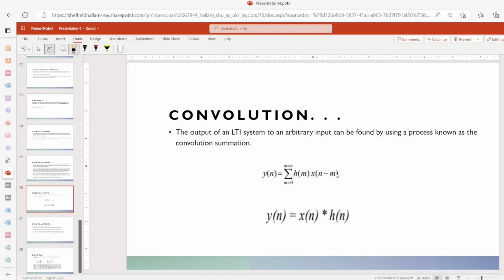That's why we are subtracting m from n. We have to align it first with hm. This is the handy mathematical representation of convolution. xn is the input signal, hn is the system response, and this asterisk is the sign for convolution, not multiplication. It's convolution in DSP.